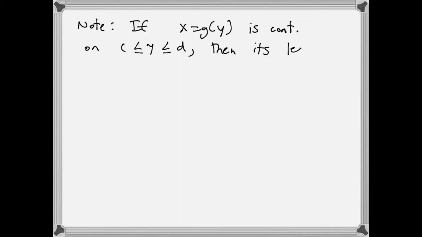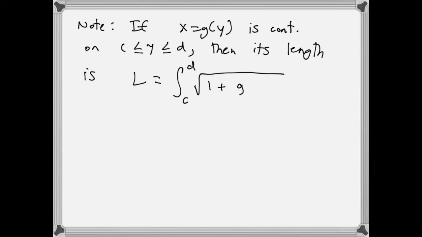Then the length is given by the exact same formula, except everything is going to be in terms of y. Oh, sorry, not g of y. I apologize. I meant it's the same formula as in the last one.